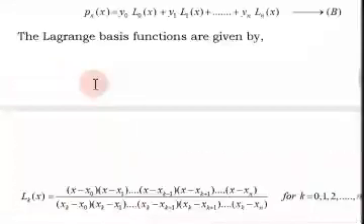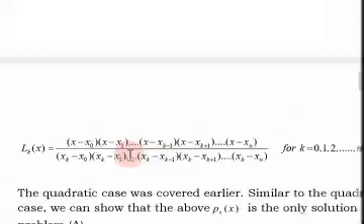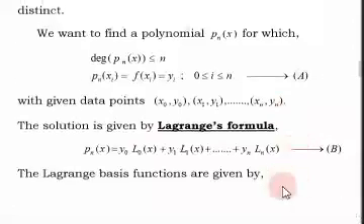So if you are given n plus 1 data points, you can find an nth degree Lagrange polynomial. If you are given, for instance, 10 data points, you can find a ninth order Lagrange polynomial using this Lagrange formula.